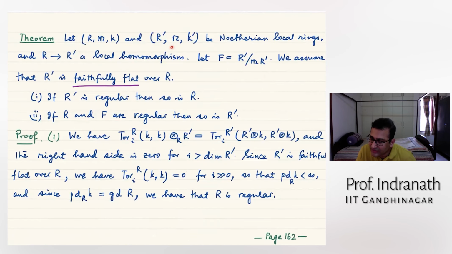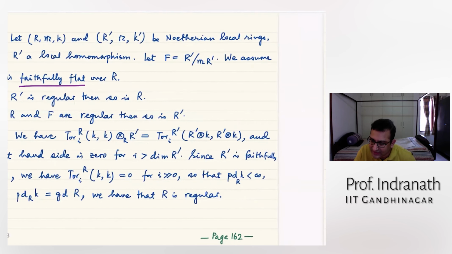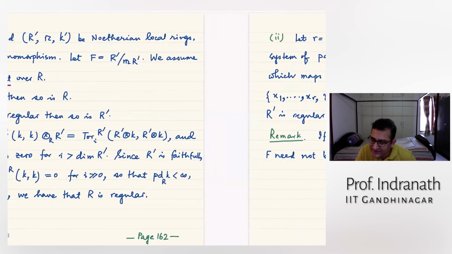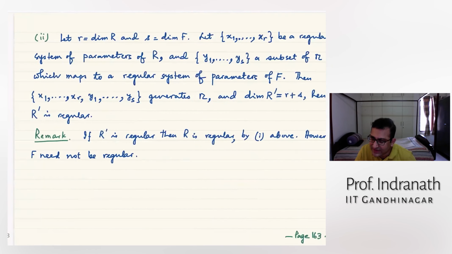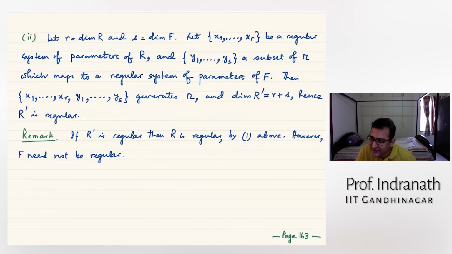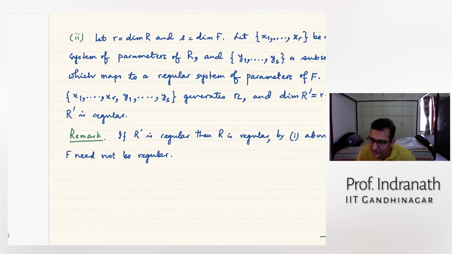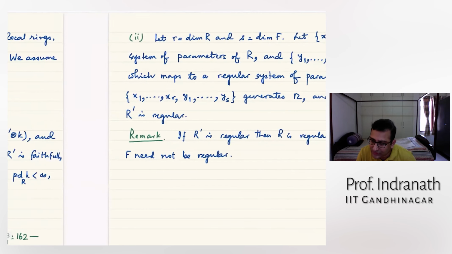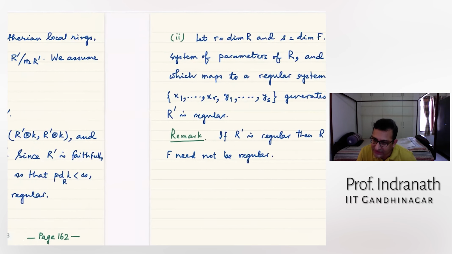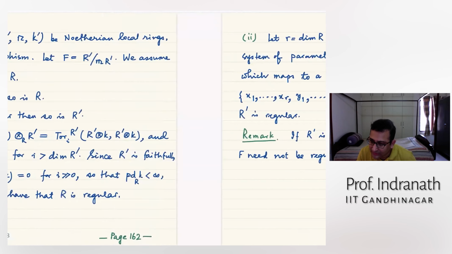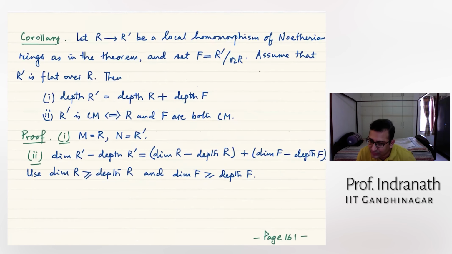So you have these elements here. So the elements of N which give rise to a system of parameters of this modulo m. Okay, and for m you have x1, x2, ..., xr. Okay, and now I am just taking this bigger list, and I'm claiming that this generates N. Okay, and the dimension of R dash, we have regular local, we have dimension, and all these we have already proved.